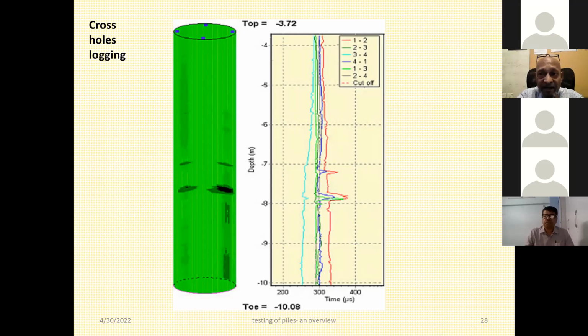So that kind of time lag is measured as a defect. So it is a very indirect measurement. We may not be able to know exactly what kind of defect, because honeycombing, voids, necking, all three kinds of defects will be represented by the same.